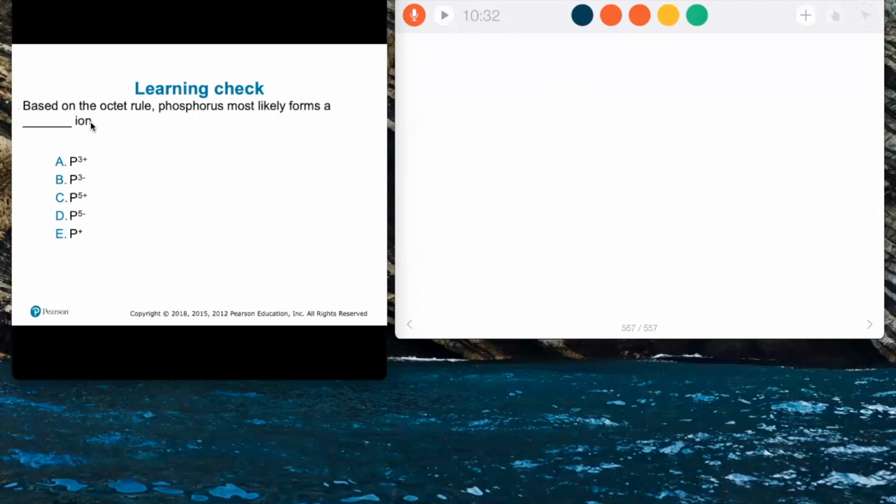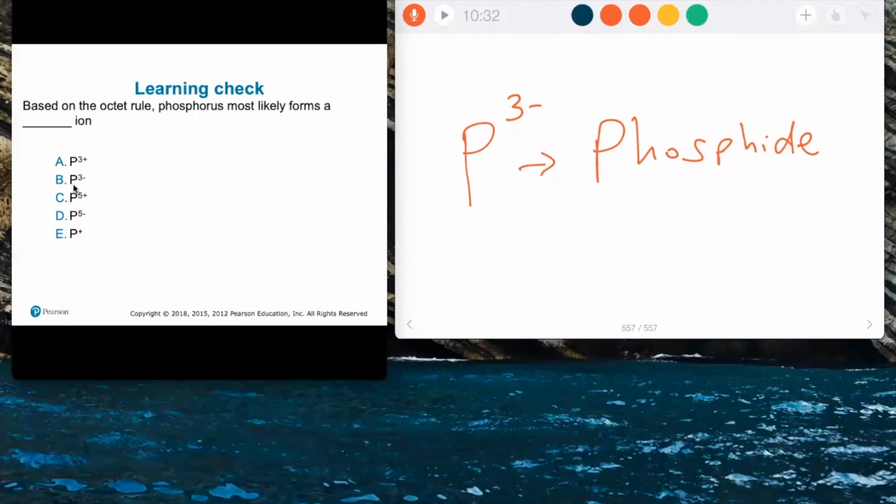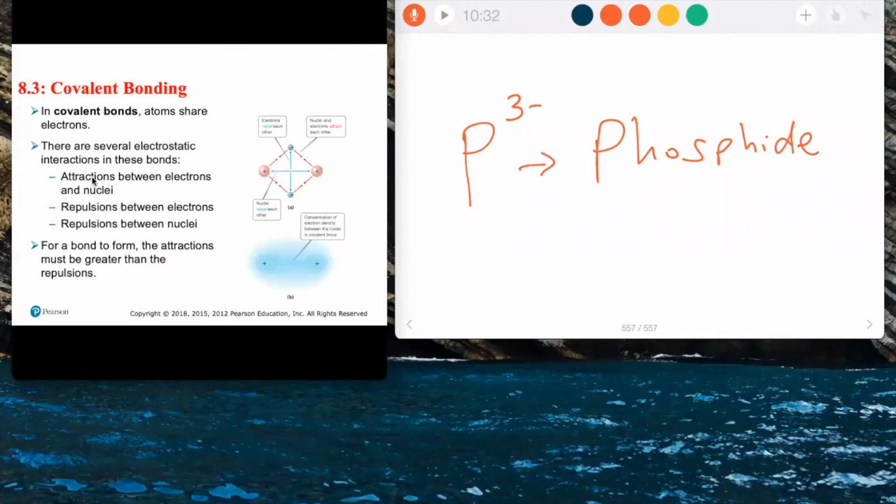By the way, we call it phosphide, and it is a phosphorus ion. The correct answer is B. It will gain 3 electrons.